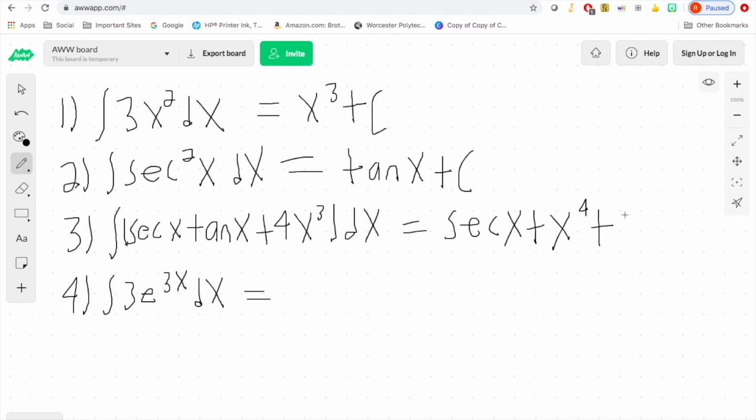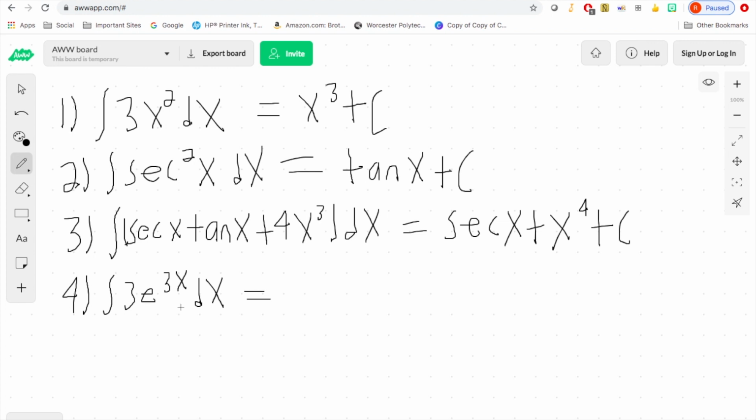plus c. And then our last example here is sort of a tricky one, and that involves some chain rule, but we can definitely work through it. The integral of 3e to the 3x dx. For chain rule, we know that you have to distribute the derivative of the exponent to the front because of the e, the exponential.